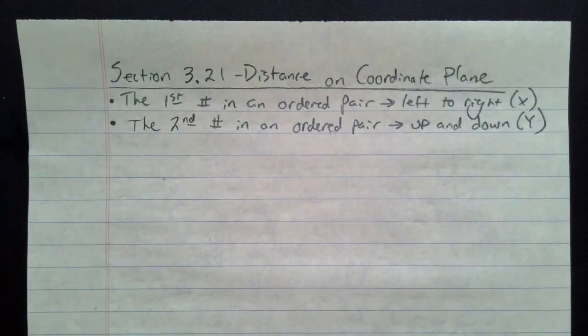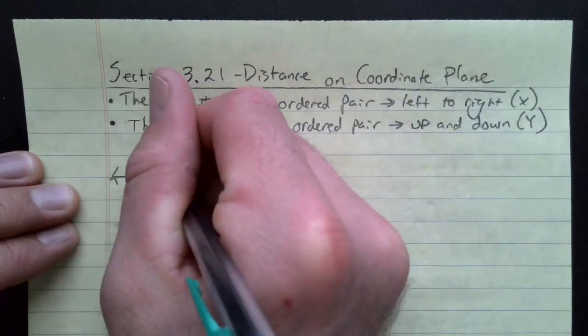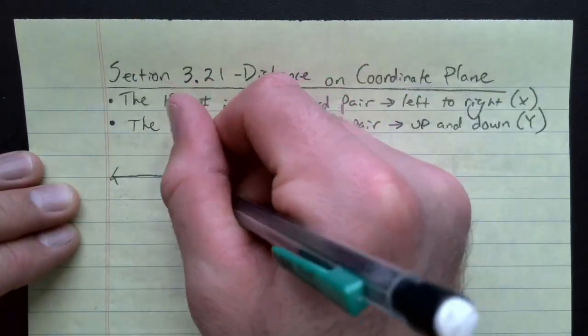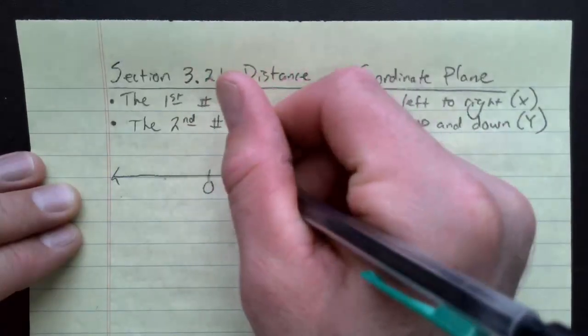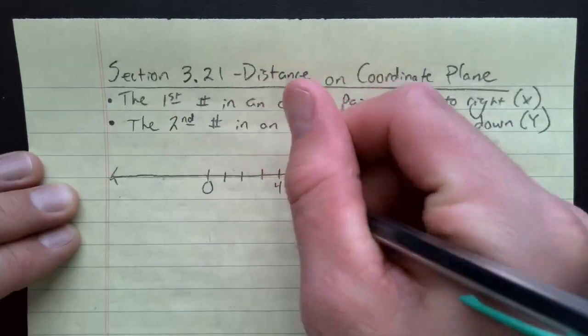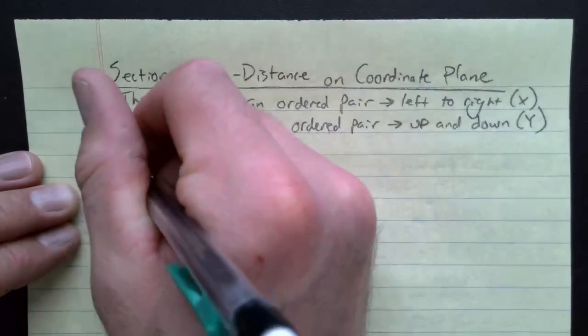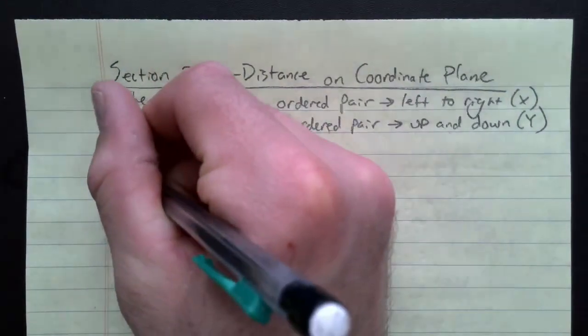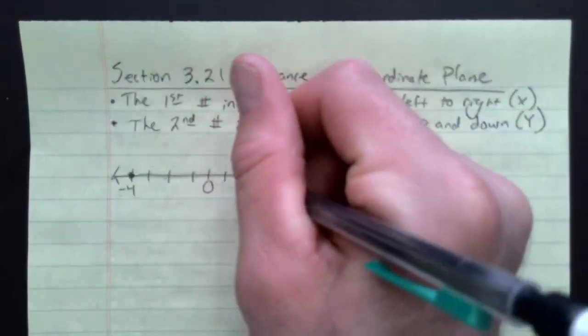Now, when we create our number line, this one will just go up by 1, so just put your 0 in the center. 1, 2, 3, 4, negative 1, 2, 3, negative 4. We'll put a plot point on negative 4, and let's go positive 2.